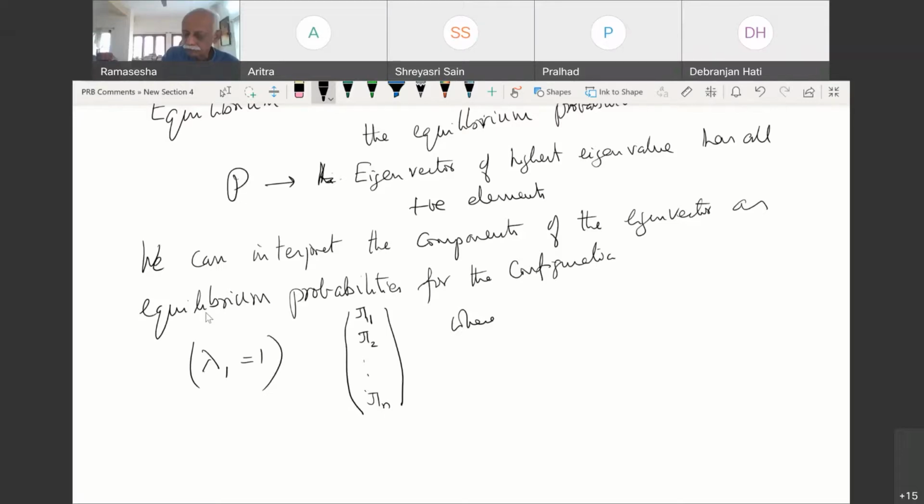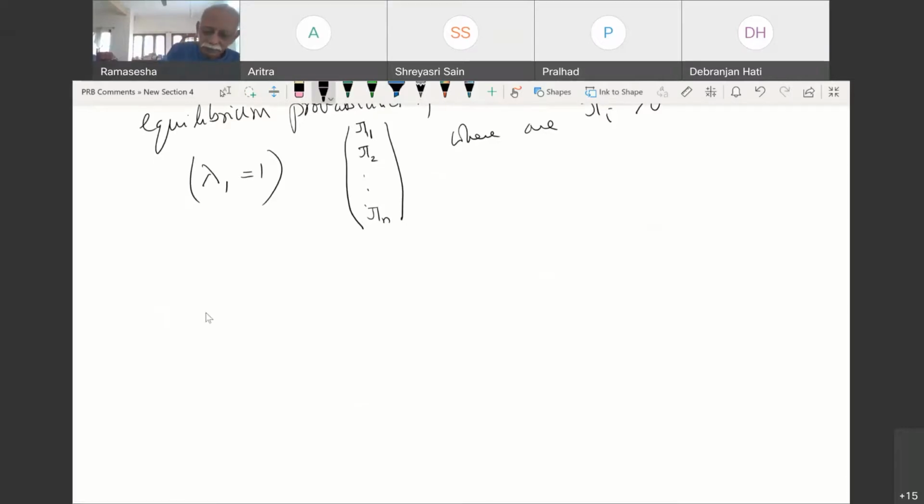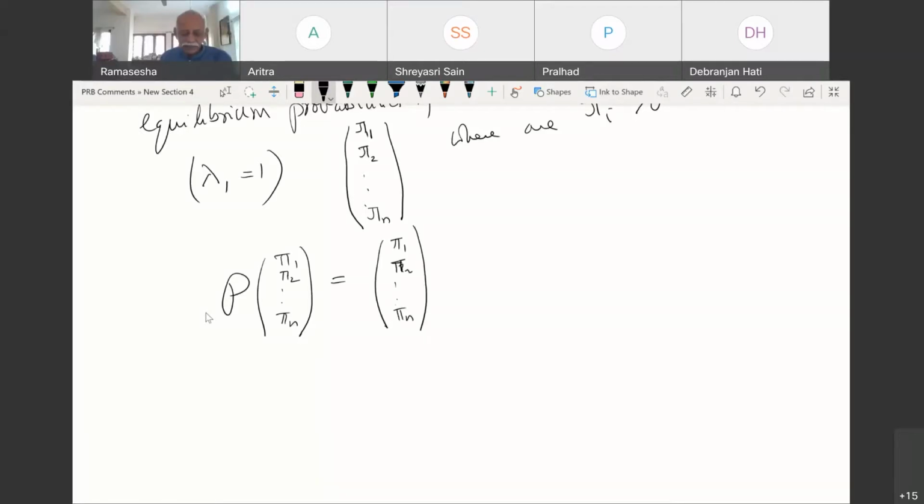The eigenvector is such that P operating upon phi1, phi2, phi n gives me back, because lambda 1 is equal to 1, phi1, phi2, phi n. What it means is that I make the transition.